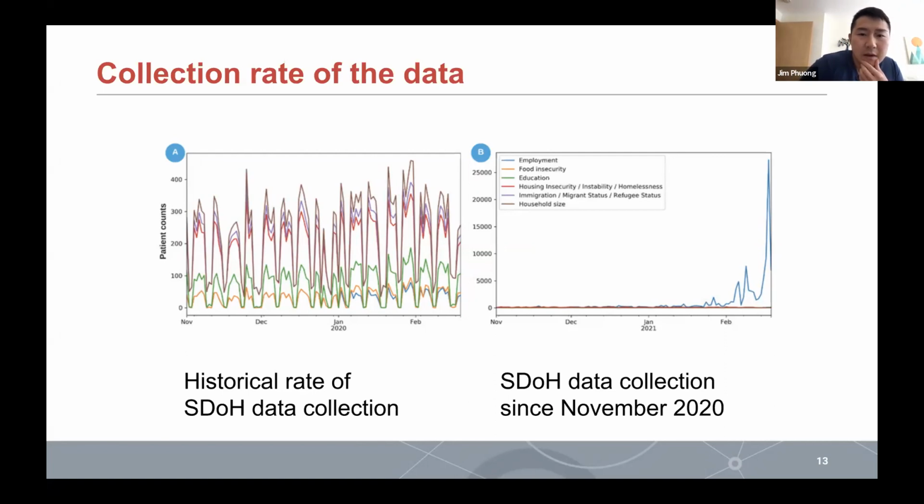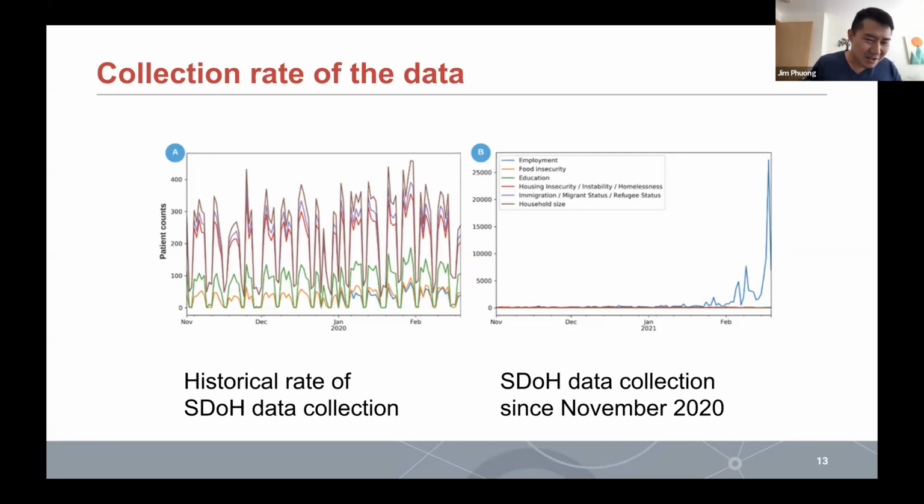We tested this out first at University of Washington, and this is from November 2019 through March 2020, slightly before the beginning of the pandemic. And then November 2020 through March 2021. So we're looking at basically the same time interval before and after COVID had influenced the world. And also, what does that look like in terms of our data collection rate?